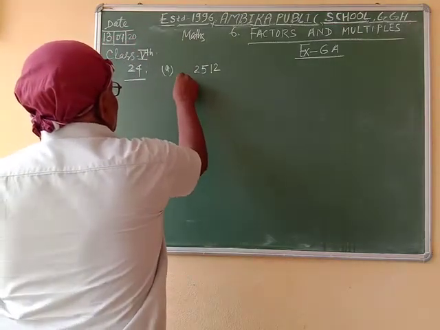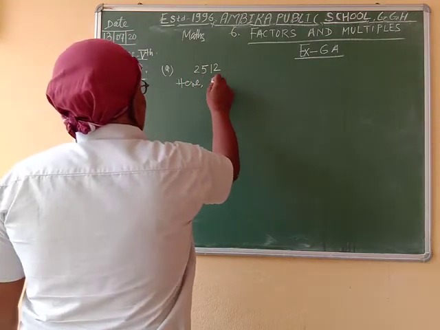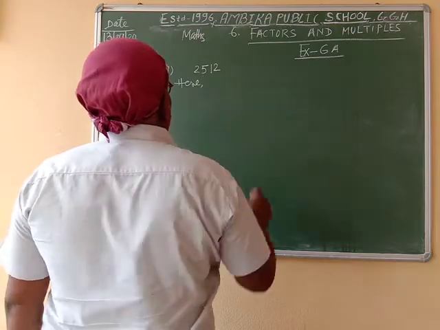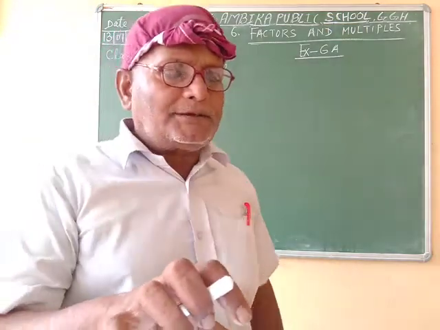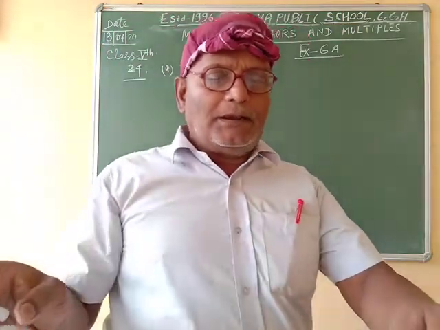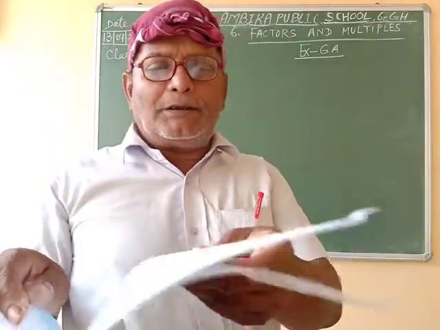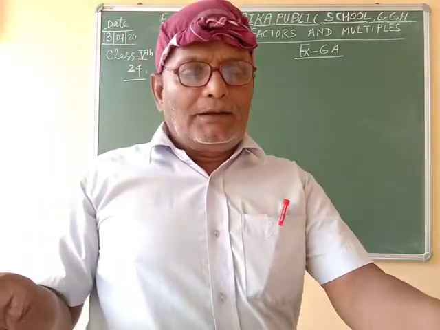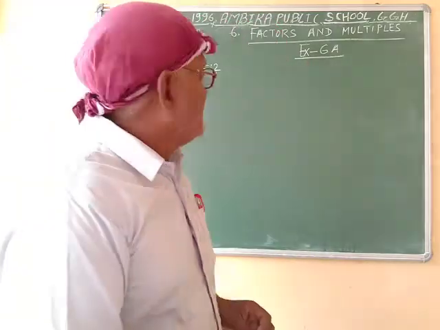If the number formed by the last 3 digits is divisible by 8, then the whole number is divisible by 8.